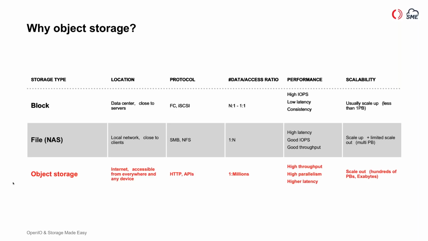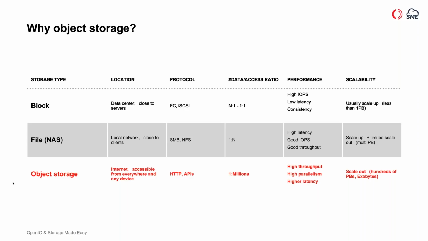In fact, object storage overcomes all these limitations. It's accessible from everywhere because it uses protocols that are thought for the internet. A single element, a single file, a single object, a single volume could be accessed by millions of devices at the same time. It provides high throughput, high parallelism, and also higher latency.